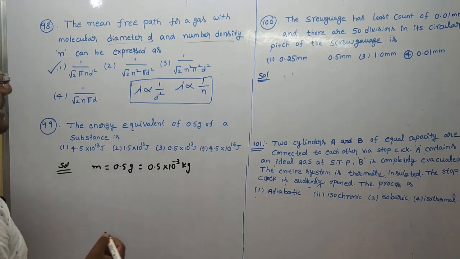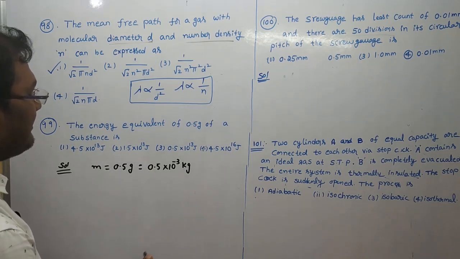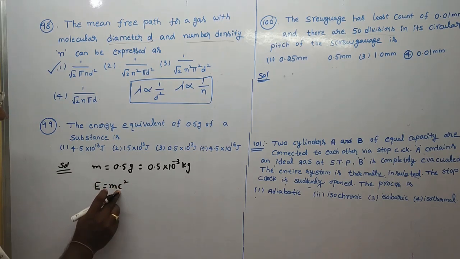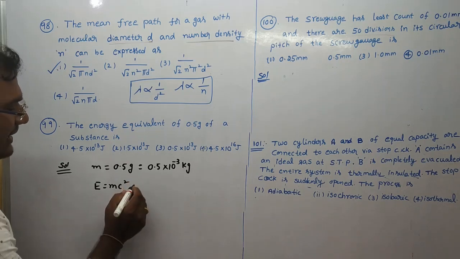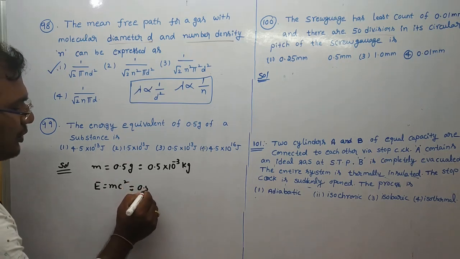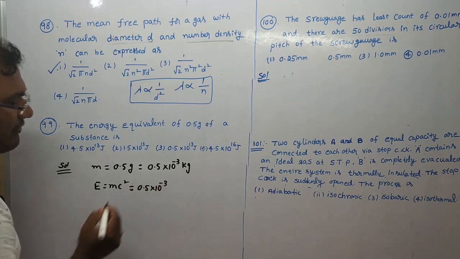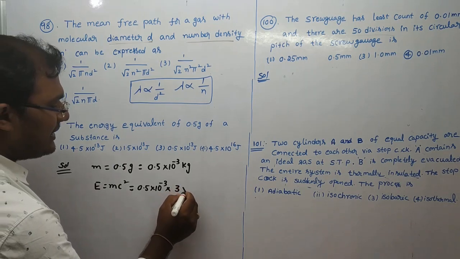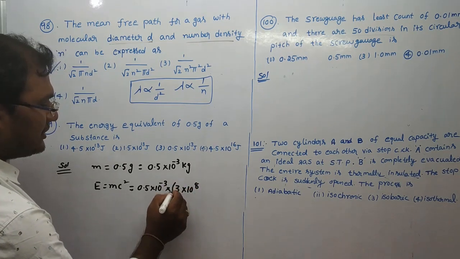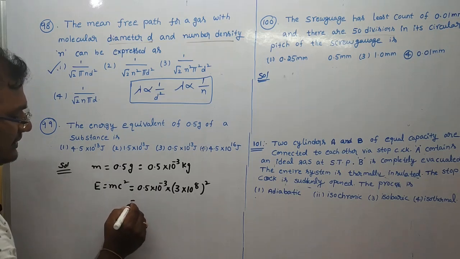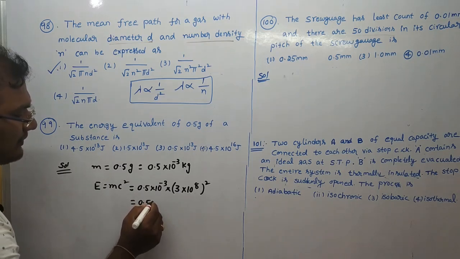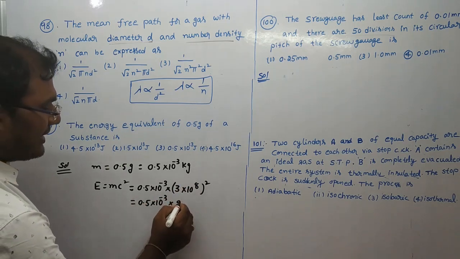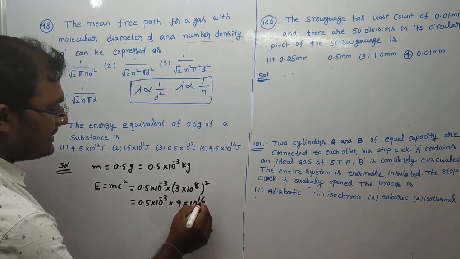We know that the relation between the mass and energy is given by E equal to mc square, where c is the velocity of the light. Therefore, 0.5 into 10 to the power of minus 3 into velocity of the light is 3 into 10 power 8 whole square, that equal to 0.5 into 10 power minus 3 into 3 square, 9 into 10 power 16.